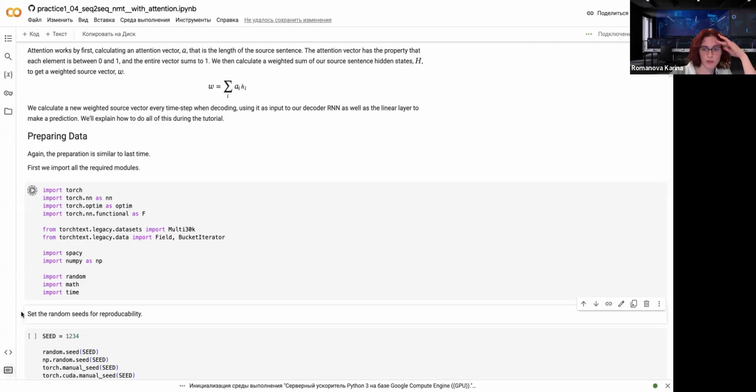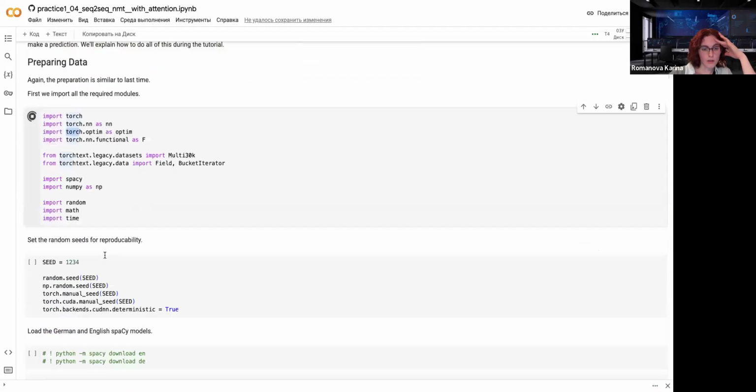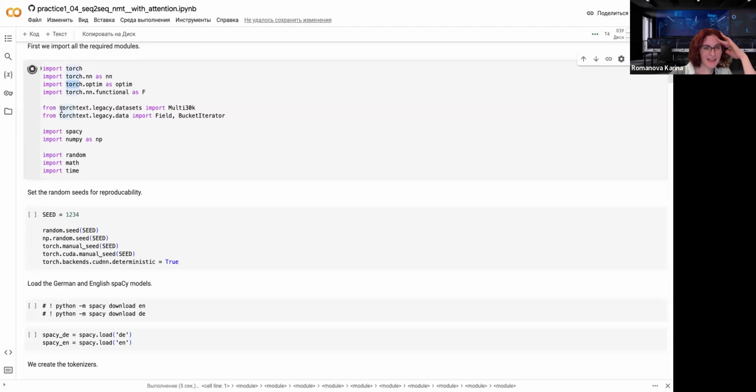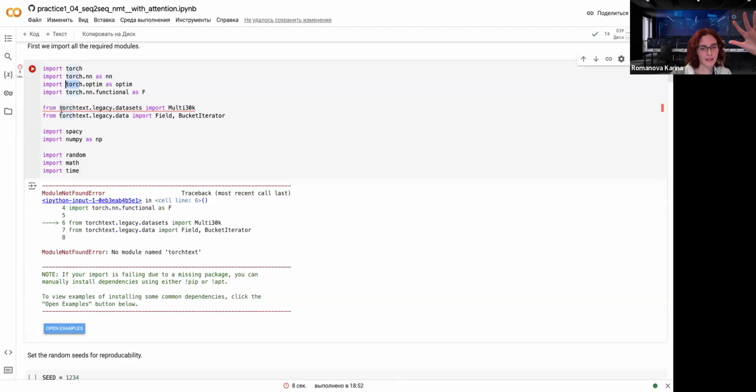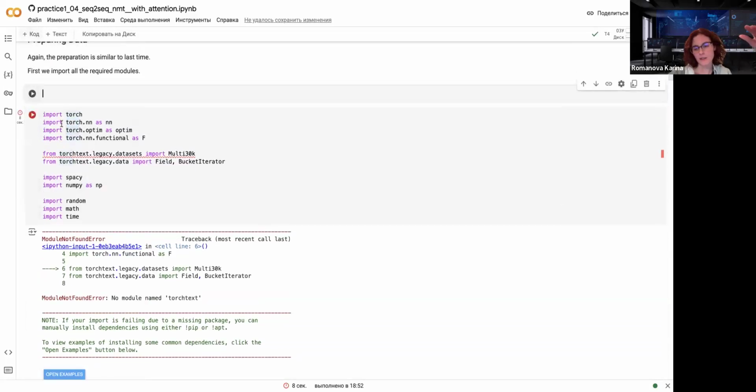We import essential libraries such as PyTorch here, such as, oh my God, okay. We will wait, yeah, we got an error, and I wrote you how to fix this issue. We need to install it.